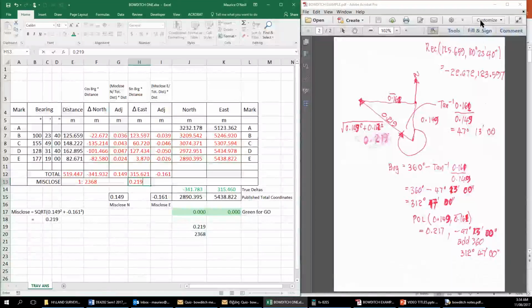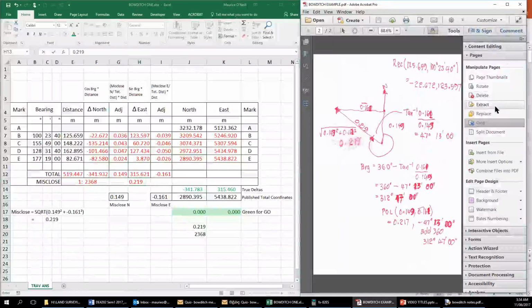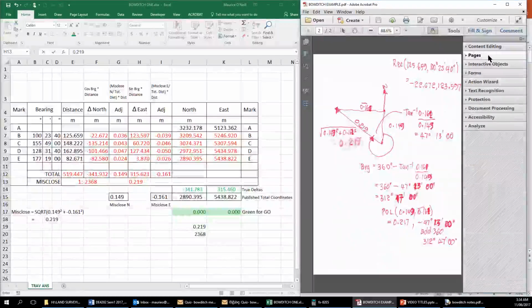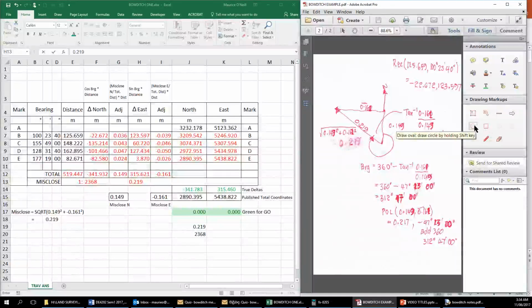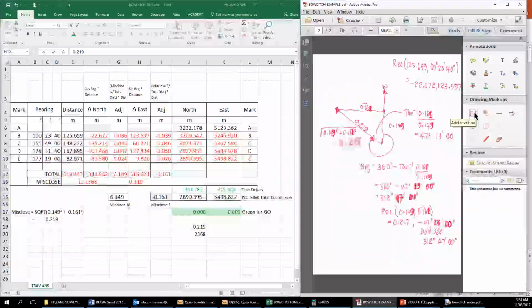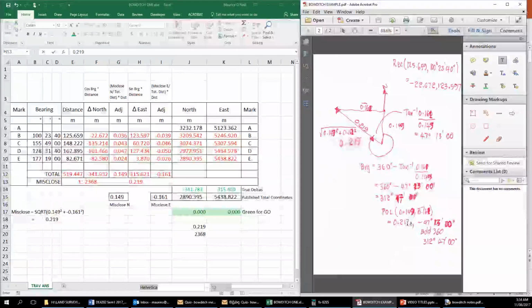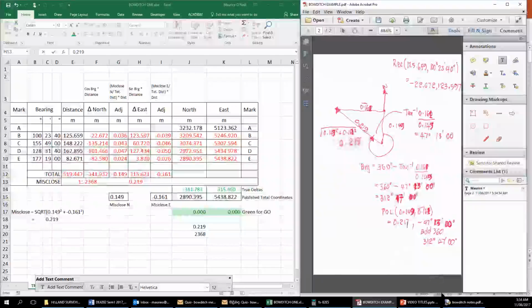So I wonder if I can do that. Tools. Comment. Pages. I'll just put a little text in there. Is that the one? I'll just put a 9 in there.